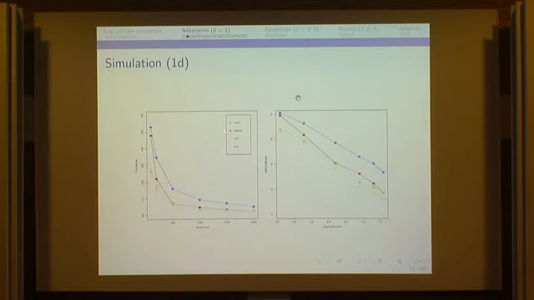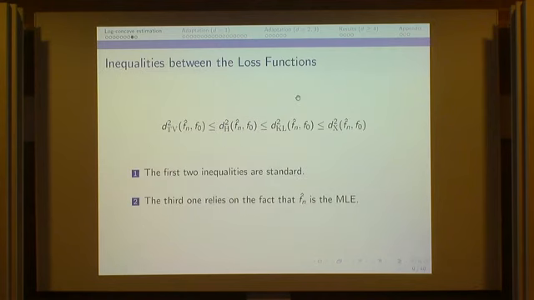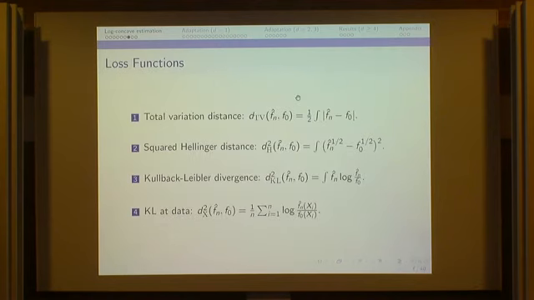So we consider these 4 true densities, and we got samples of size 100, 200, 500, 1000, 1500, and 2000. Then with those samples, I calculated the loss. Here I used the KL at data loss. If you still remember, it is this one. The reason is that this loss is the largest anyway, so I wanted to control the largest loss.